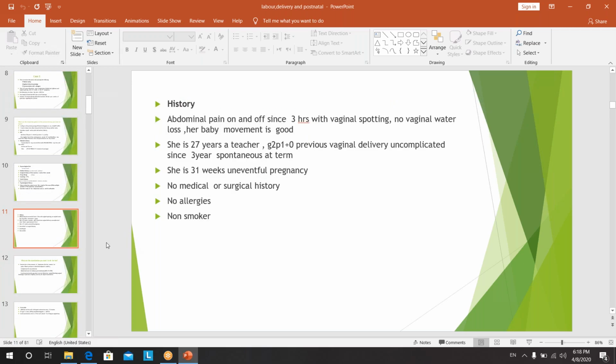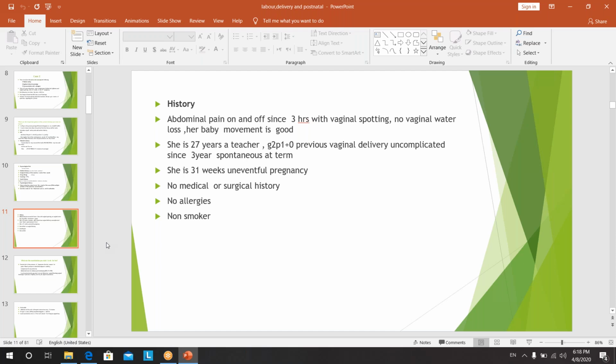What are the examinations you wanted to do for this patient? So I would like to see any abdominal tenderness, or whether there are any contractions or only tightness. And I would also like to check the fetal heart rate.